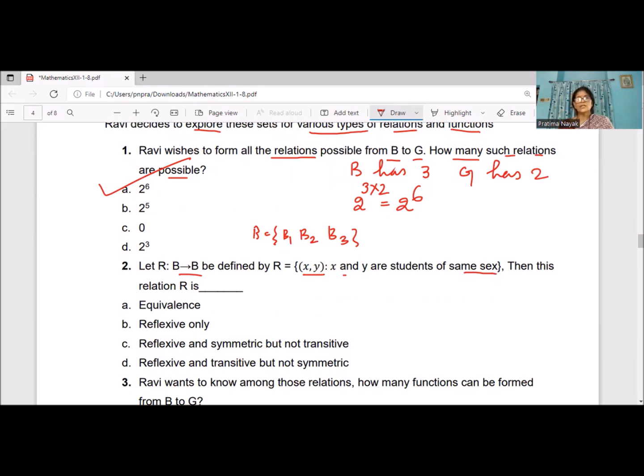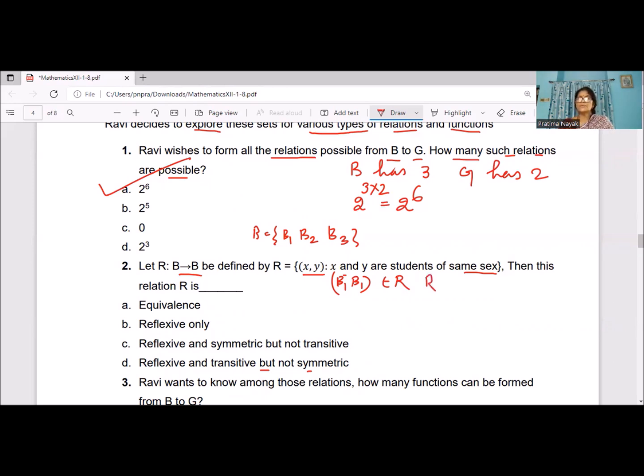Then the relation R is: equivalence relation, reflexive and symmetric but not transitive, reflexive and transitive but not symmetric. So when all are of the same sex, we can write B1 belongs to the relation, because any boy is of the same sex as himself.